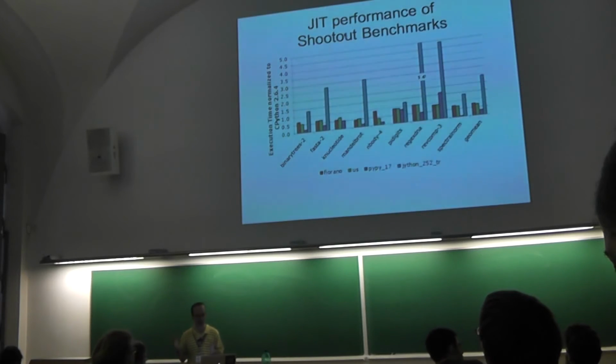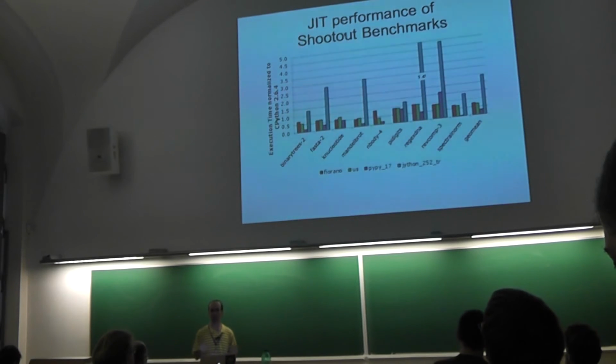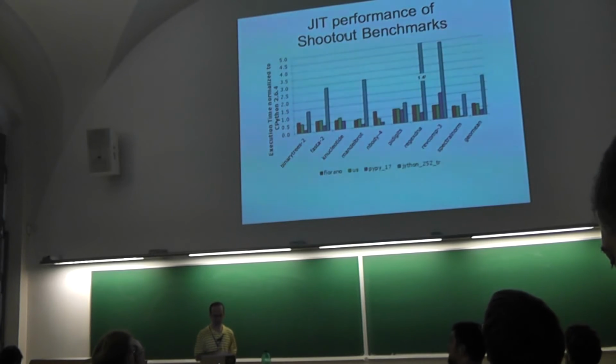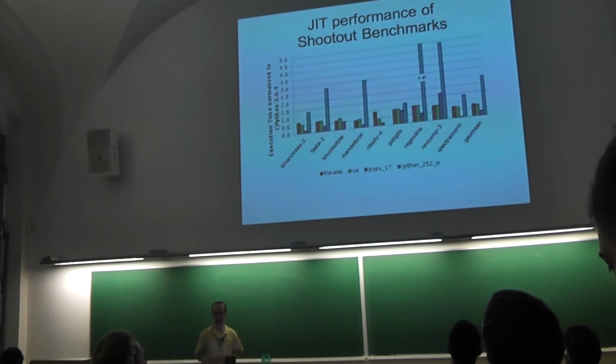The current version of Jython has actually improved things a little bit, so it's not as bad as we see here. You can also see that IBM's Fioronto project is basically duplicating the results that Unladen Swallow achieved. It's a little better because Unladen Swallow specifically didn't want to make modifications to CPython, while IBM made some additional optimizations in CPython, which allows the performance to be a little bit better.